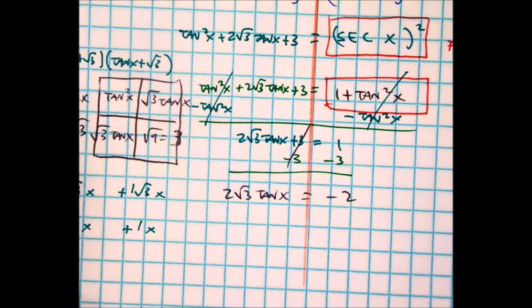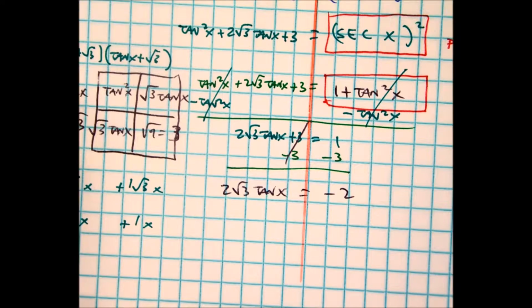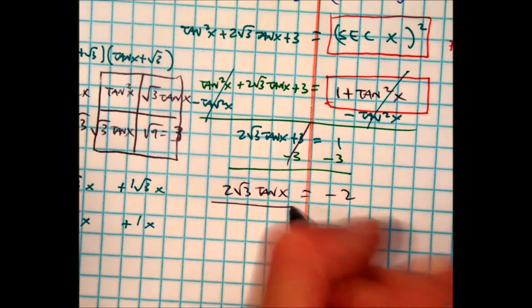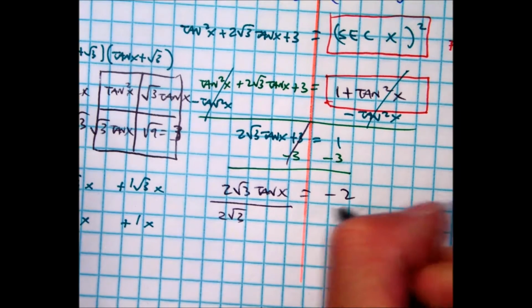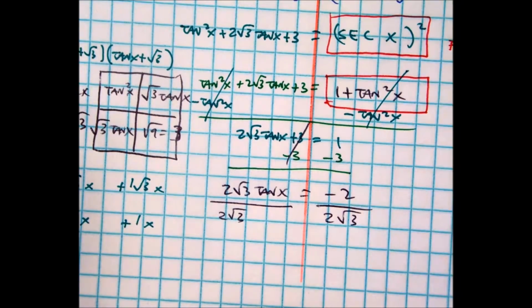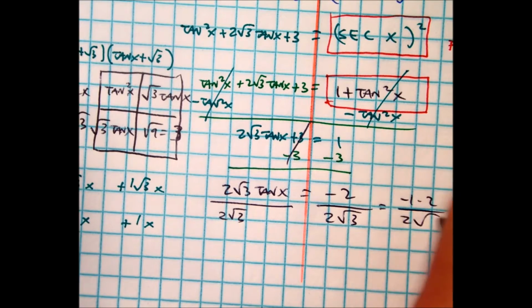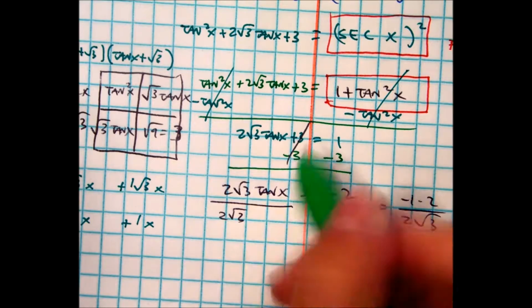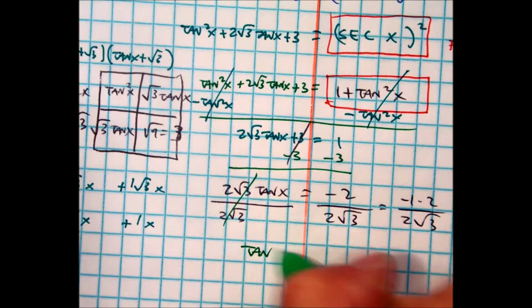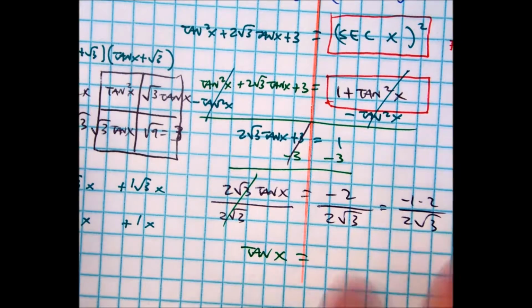Almost there, right? What's next? Divide both sides by 2 radical 3. Remember, this is -1 times 2 radical 3. So my next line, I can have tangent of x equals, what can I simplify over here?